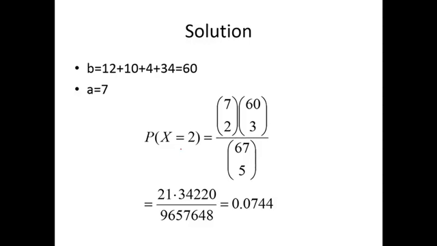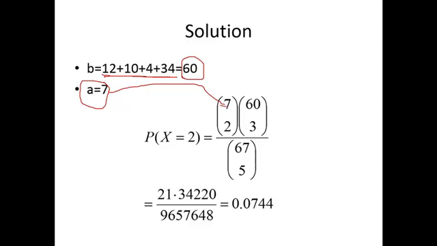So what do we have here? Well, there are 7 Mary Janes to begin with. Those are successes. Everything else is a failure. I add up all the other types of candy, and there are 60 of them. So I have A equal to 7, B equal to 60, and I feed the formula for hypergeometric this way.